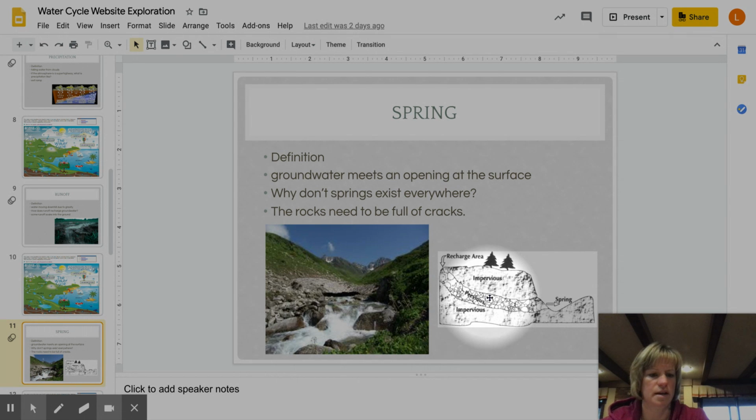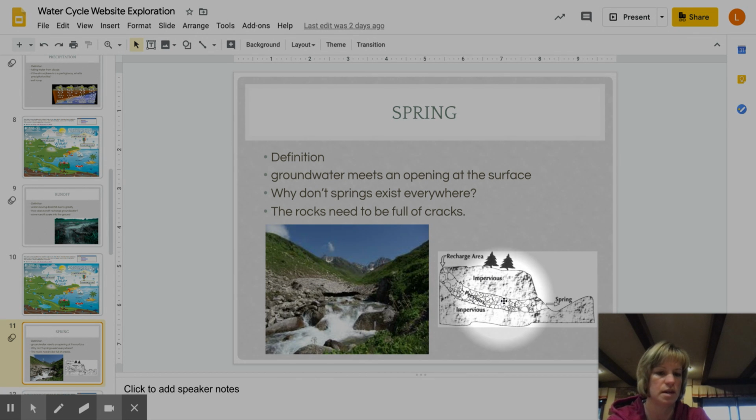Now, this is kind of tough. But what this is showing you is this exact situation, but you have to kind of rotate that picture towards you. And so you can see it uses this word impervious. Another way to define it, this impervious layer would be something tightly packed that water doesn't get stored or run through.